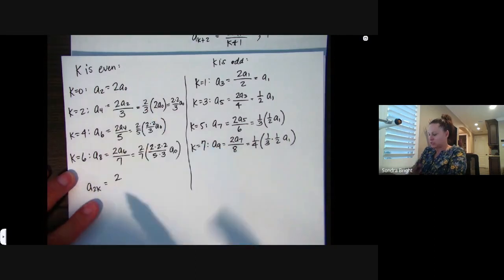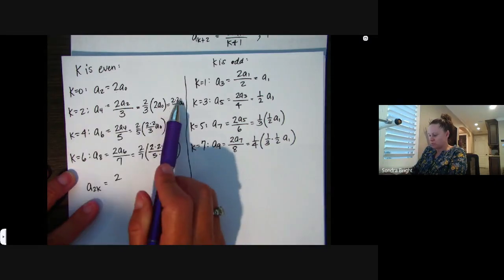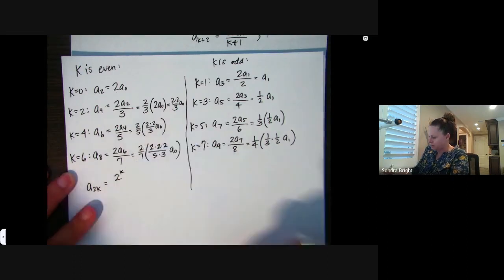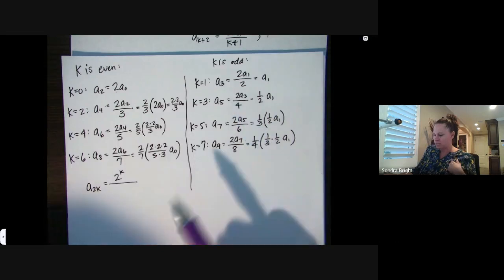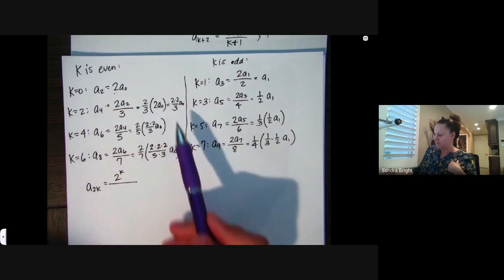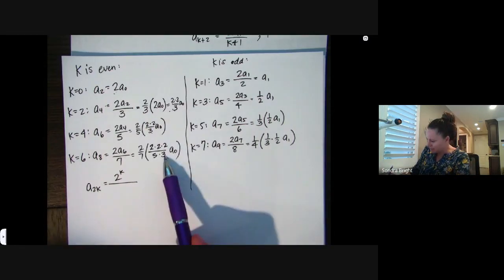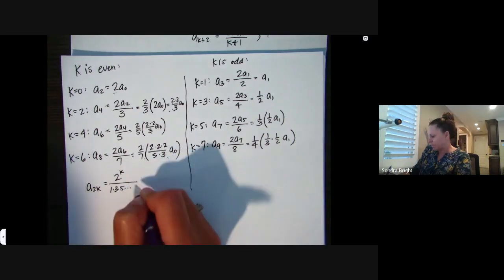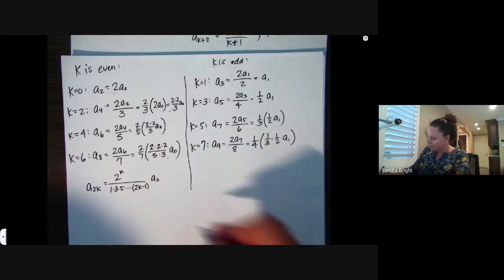When K is 2, you would have a 2 times 2 over 3. So it ends up being a 2 to the kth power. I know that's confusing. Over, notice the denominators are, it's a 1. And this one is a 1 times 3. And a 1 times 3 times 5. And a 1 times 3 times 5 times 7. So it's all the odd numbers. So it's a 1 times a 3 times a 5 times all the way until 2K minus 1, and then times A naught.